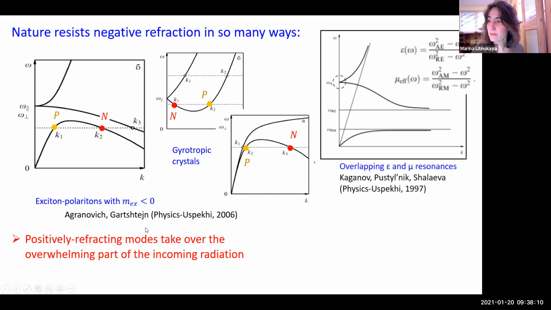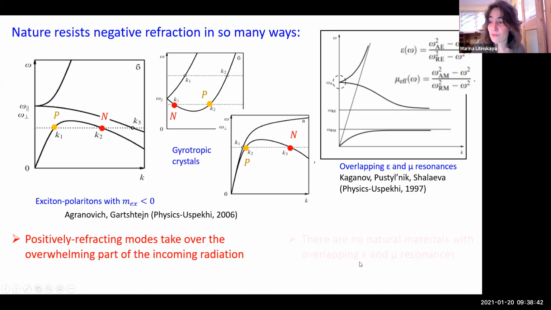Okay, we can have overlapping epsilon and mu resonances. So if this is the dielectric function, this is the magnetic response, if the resonances would be close, that would have been the modes in the system. And here you can see a wave with a negative group velocity, negatively refracting mode, which does not have a positive counterpart, positively refracting counterpart.